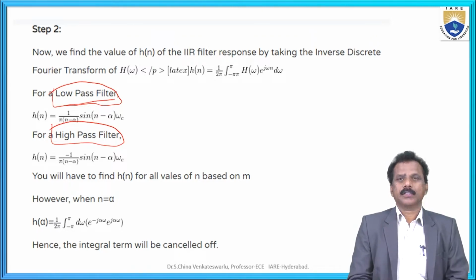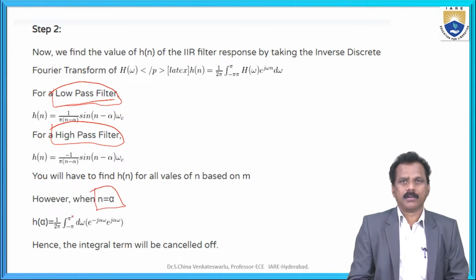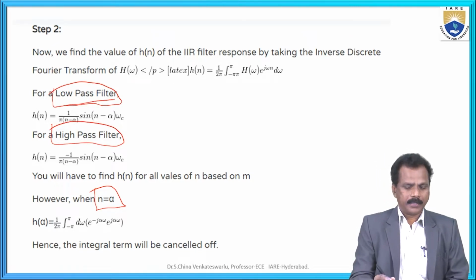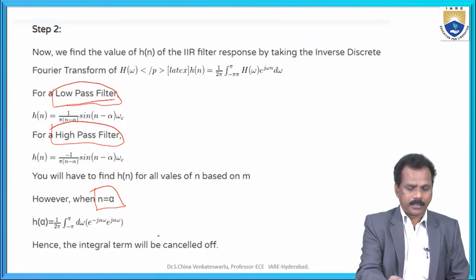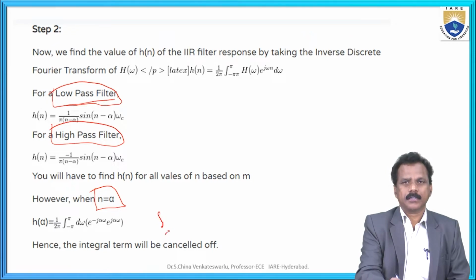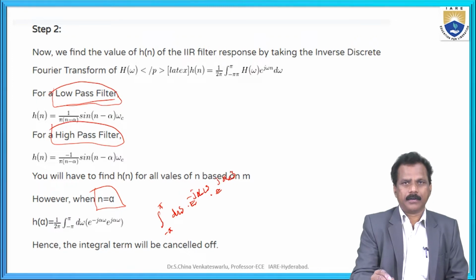However, when n is equal to alpha, how does it vary? If n is equal to alpha, then h(alpha) is equal to 1 by 2 pi, integral from minus pi to plus pi of d omega, times e power minus j alpha omega times e power j alpha omega.